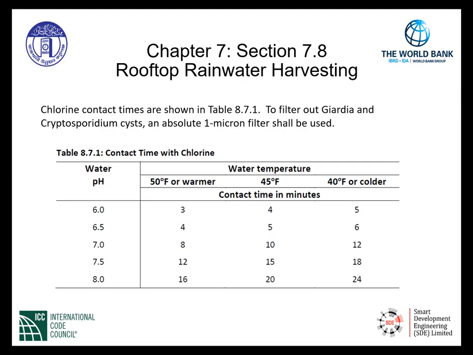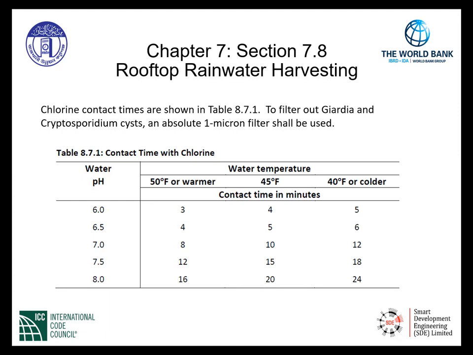When we have a water temperature of 50 degrees Fahrenheit or warmer, we are given a contact time in minutes in the second column. In the third column, where the water temperature is 45 degrees, we are given the contact time accordingly. And finally, when we have a water temperature of 40 degrees Fahrenheit or colder, we have the given contact times in the very last column.